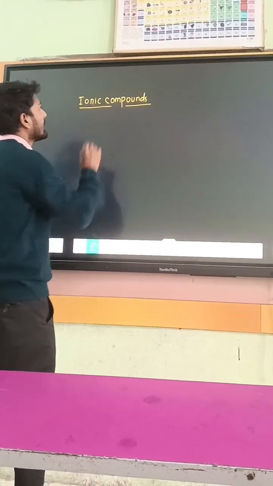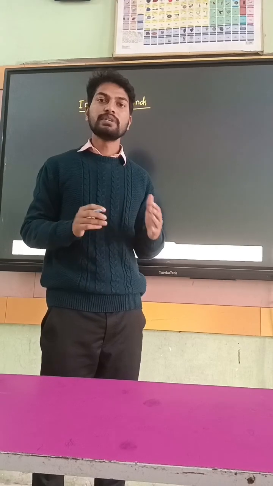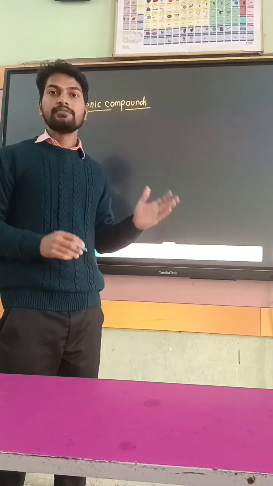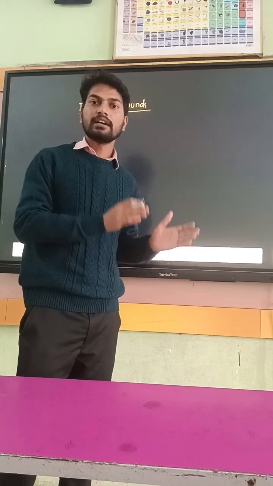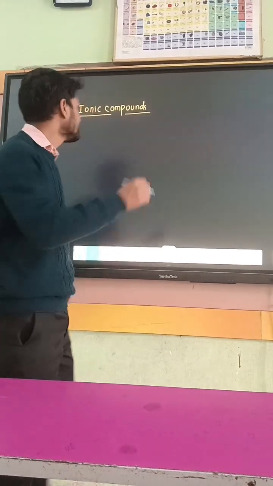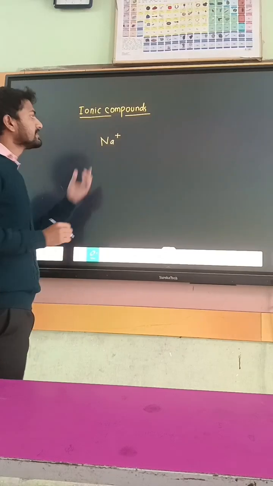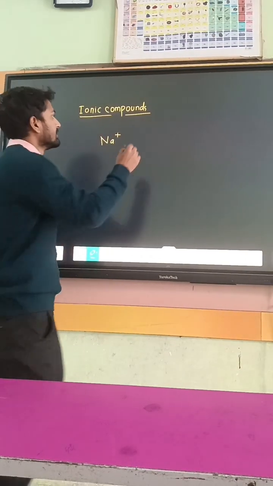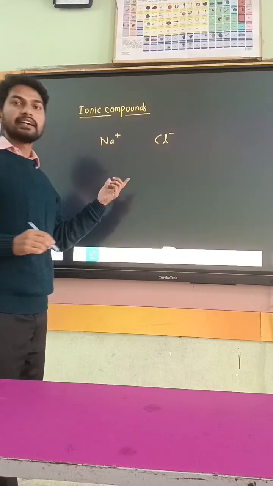So what is an ionic compound? Ionic compounds are the compounds in which there is a transfer of electrons between a metal and a non-metal. Means sodium is a metal, that is, positively charged sodium ions combine with negatively charged chlorine ions.